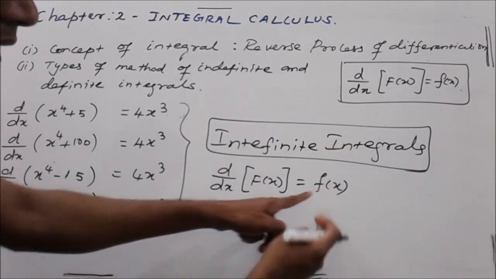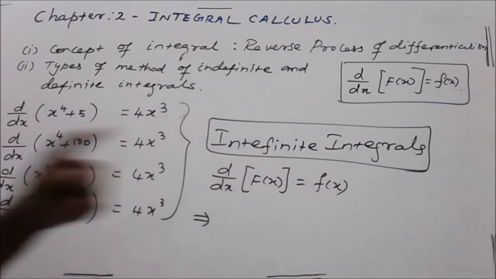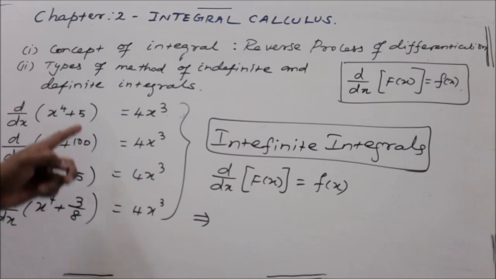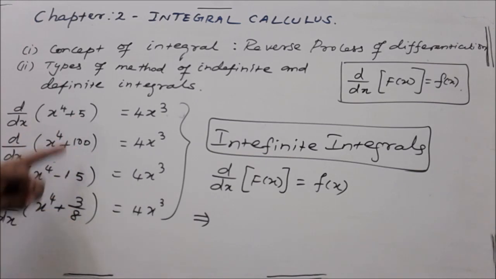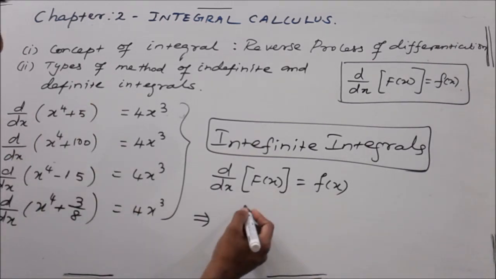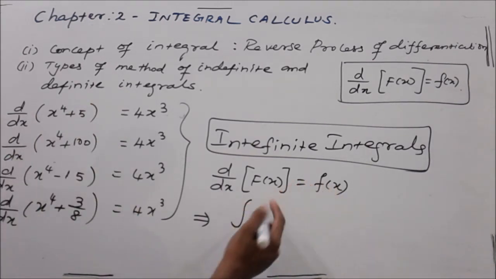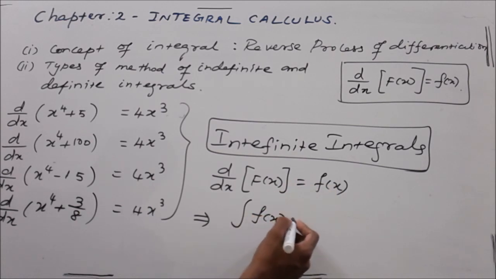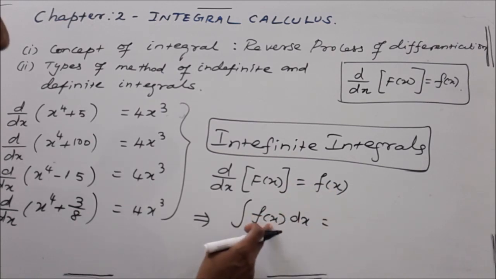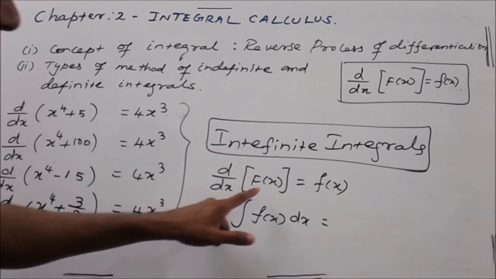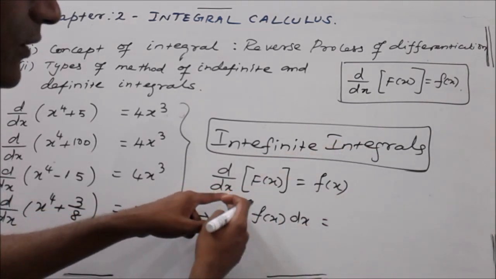When integrating the derived quantity, we get the primitive function with some unknown constant, because that constant is different for every problem. That is taken as c here. Therefore, the integral of the derived function f of x dx, according to the variable applied in the function.